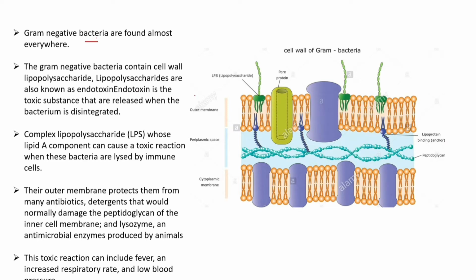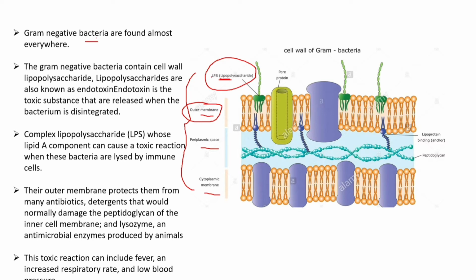The cell wall of this bacteria contains the outer membrane, the periplasmic membrane, and the cytoplasmic membrane. In the outer membrane of the cell wall of gram-negative bacteria, there is a lipopolysaccharide layer. These lipopolysaccharides are nothing but the endotoxins which are responsible for the toxic reaction in the body.